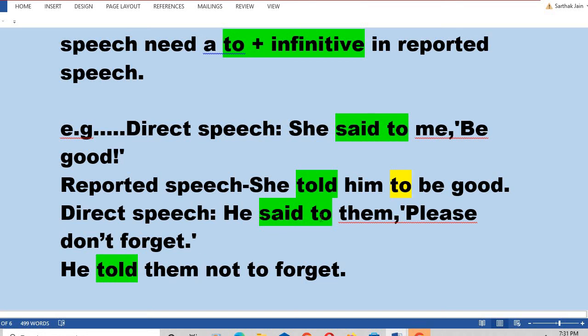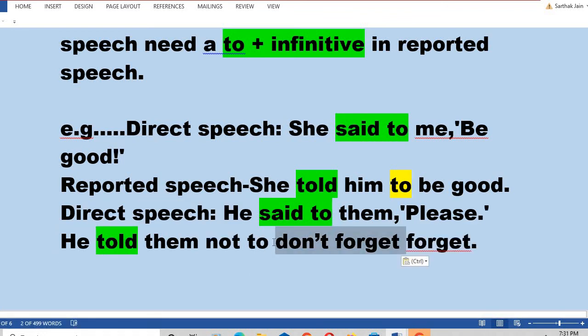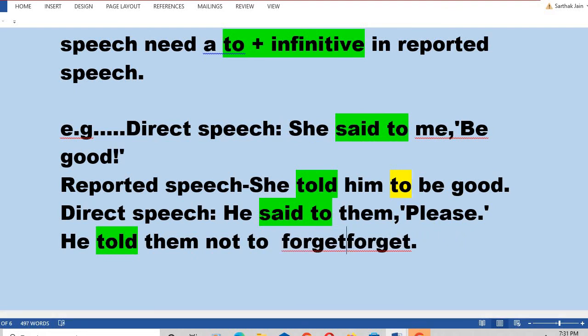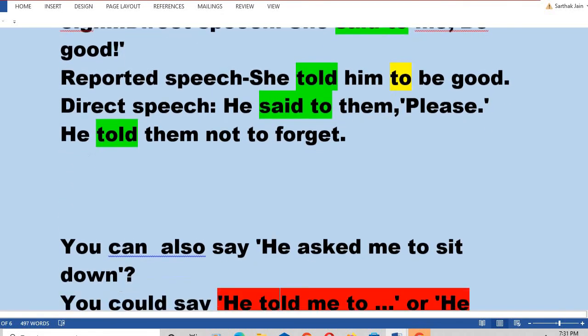He told them not to forget, because this is a negative verb, don't. Okay, so negative verb will always come before the infinitive to. So he told them not to forget. Okay, I hope you have got what I mean to say to you.